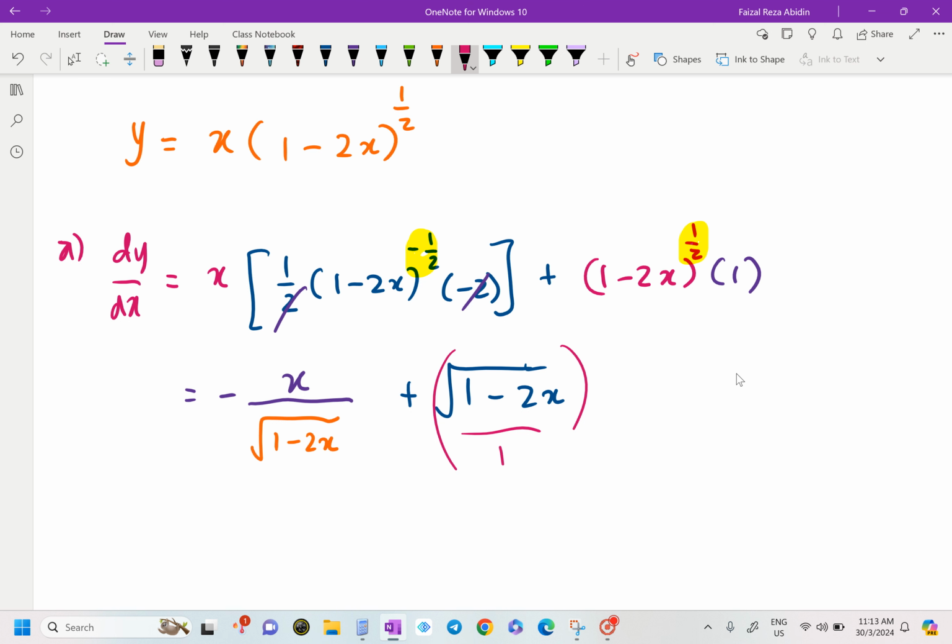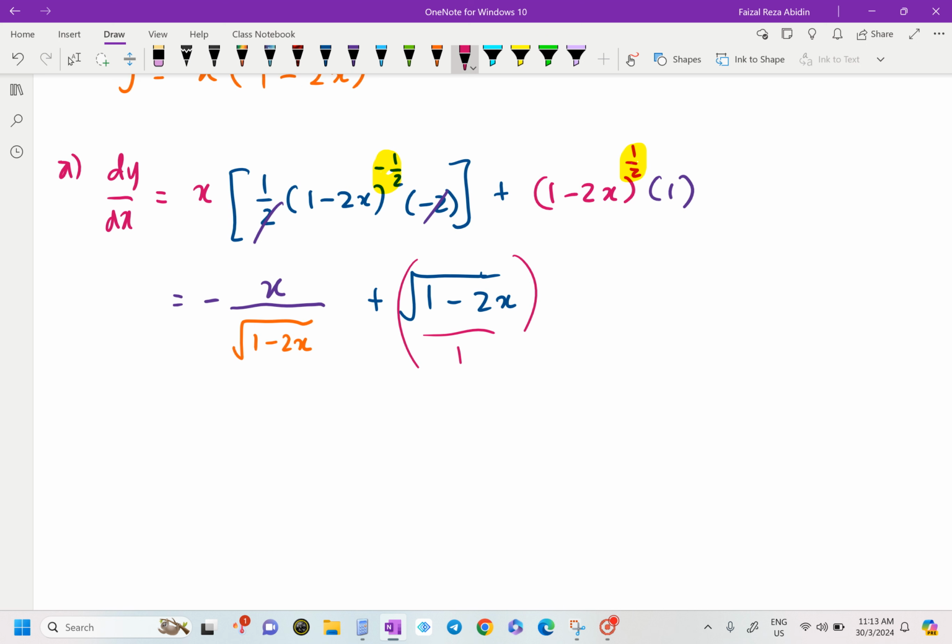I just explain a little bit over here. 1 minus 2x, you are going to have times with the same one, the square root of 1 minus 2x. So what happened over here? 1 minus 1, this one we can simplify. So you're going to get 1 minus 2x, sorry, this one you are going to get 1 minus 2x also.